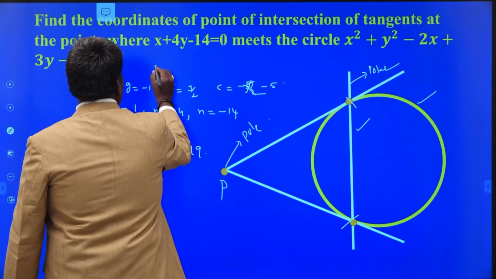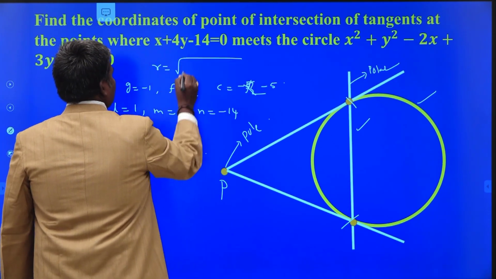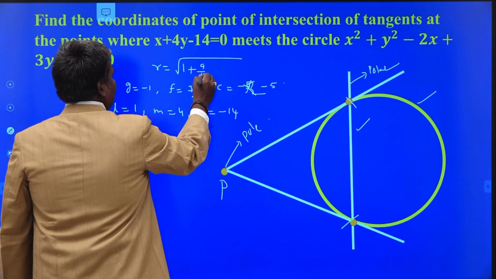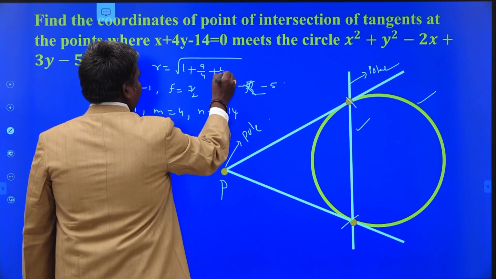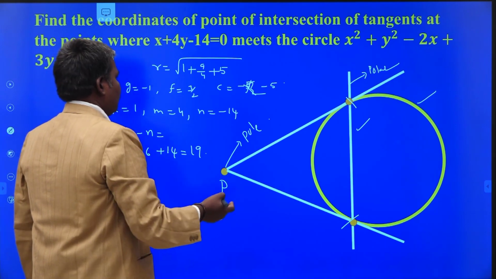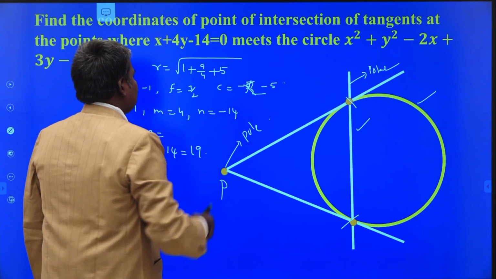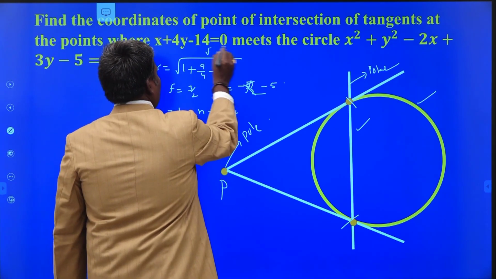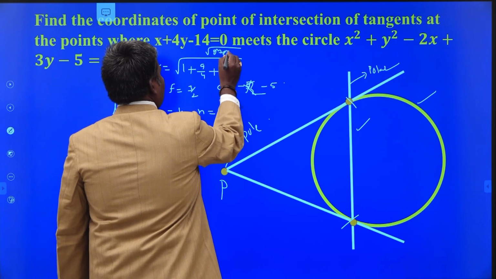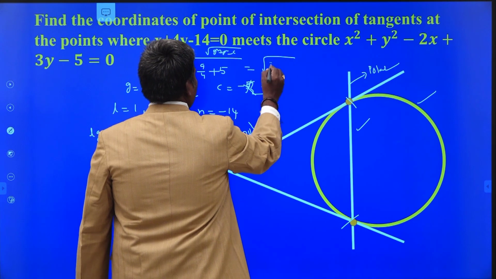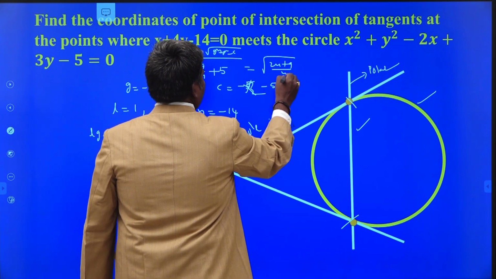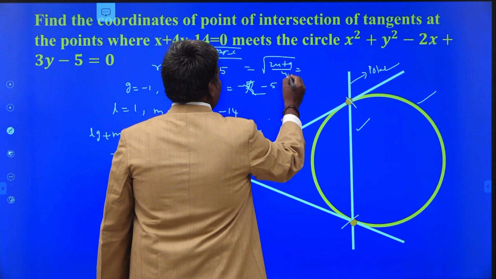Now what is the radius of the circle? Root of g² + f² - c, that is 1 plus 9 by 4 plus 5, because the formula is root of g² + f² - c, and minus of minus is plus. That is 6 fours are 24, plus 9 by 4, that is 33.